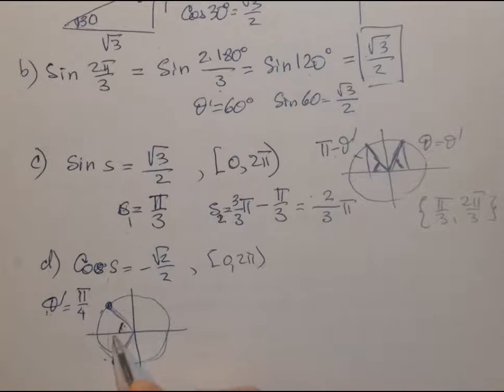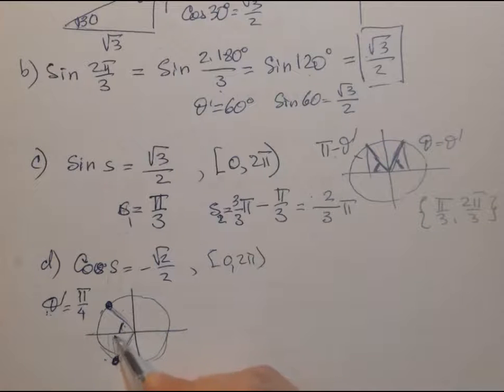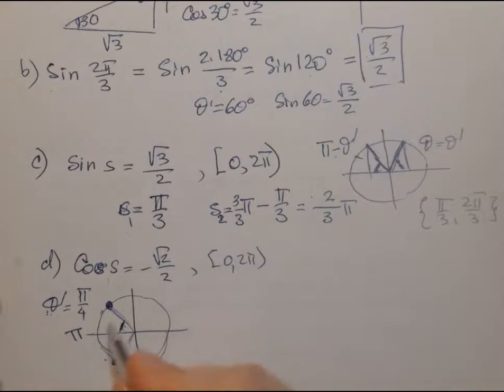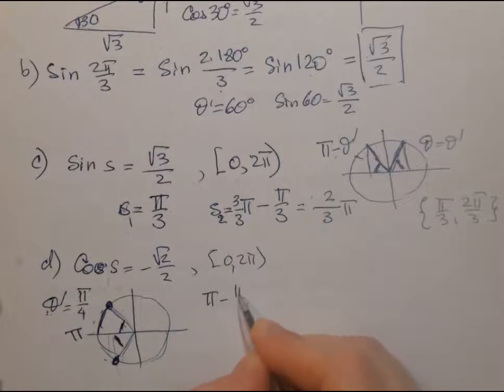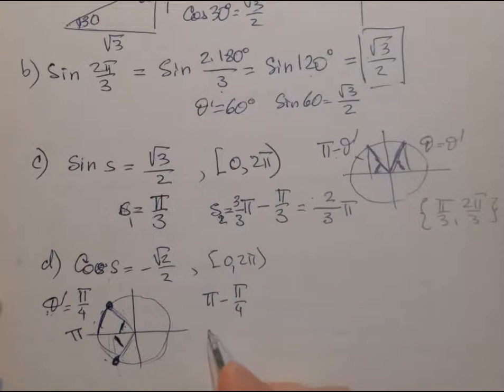So we have two values of the circular function, or two angles. Maybe it's more convenient to talk in terms of angles. The straight angle is pi. One angle will be pi minus pi over 4 and another is pi plus pi over 4. So actually you don't see any difference between making a solution for a circular function or for an angle in radians.